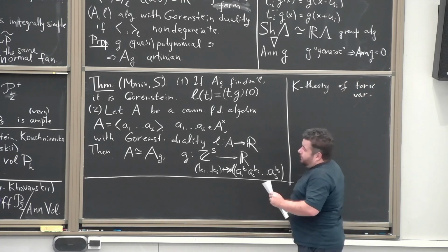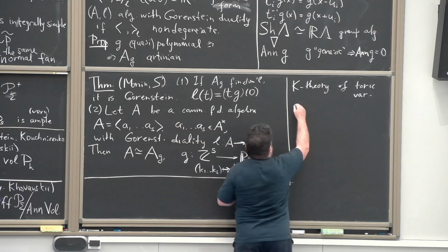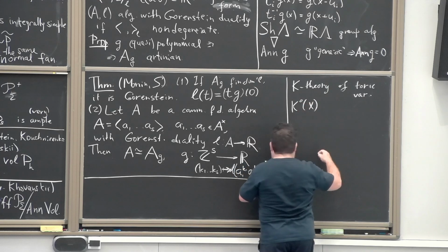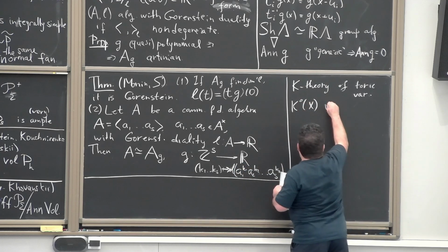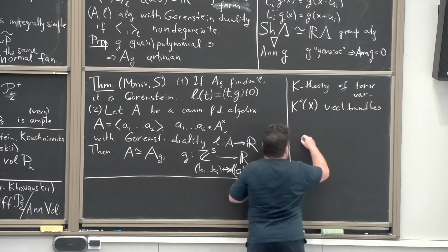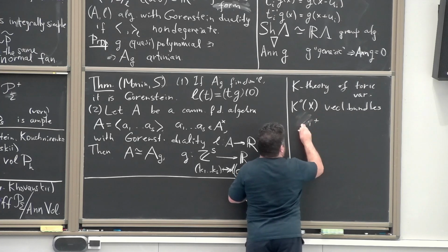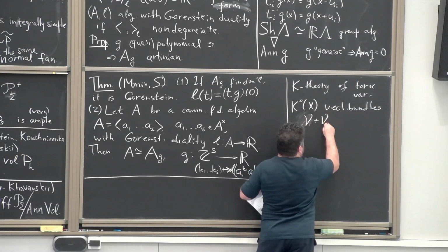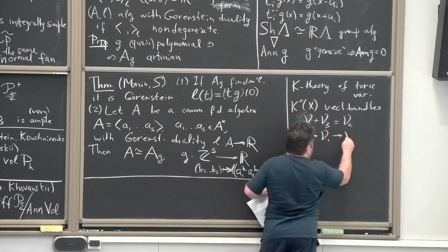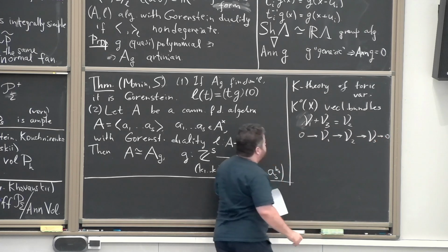This is quite parallel to what we did for cohomology, but instead of cohomology classes, we consider vector bundles, K naught of X. And you say that V2 equals V1 plus V3 if there is a short exact sequence of such a form.